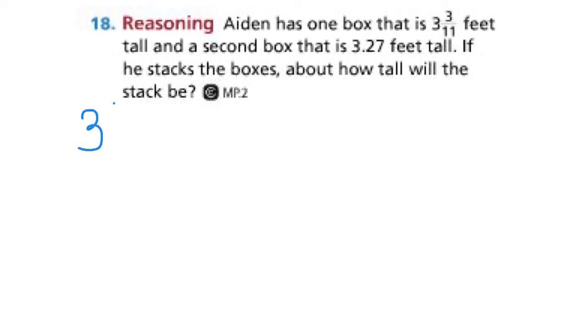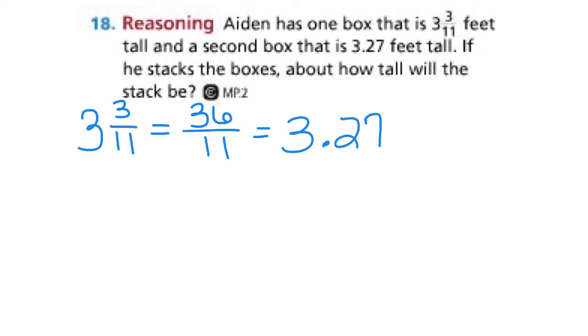So 3 and 3/11, if we turn it into a fraction, we would get 36/11. That is equivalent to 3.27 repeated. This is his first box. His second box is 3.27, and he's going to stack them.